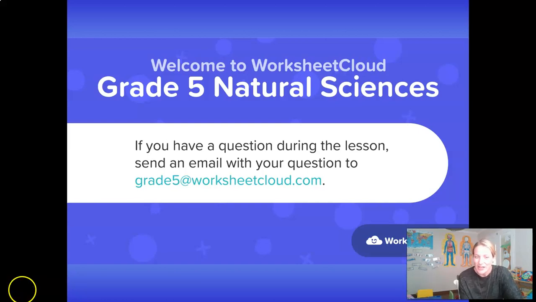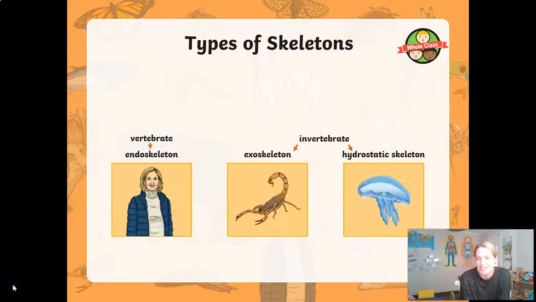Okay, so the other things that we covered in our previous lesson to this was we looked at the skeleton. We looked at there being 3 types of skeletons in the animal kingdom. And just to remind you now, those 3 types are endoskeletons, which is a skeleton that all vertebrates have on the inside of our bodies. They're fabulous because they grow with us as we grow up.